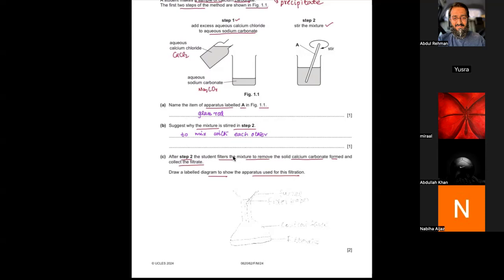Sir, it's filter paper. Is it visible? Just give me a minute.